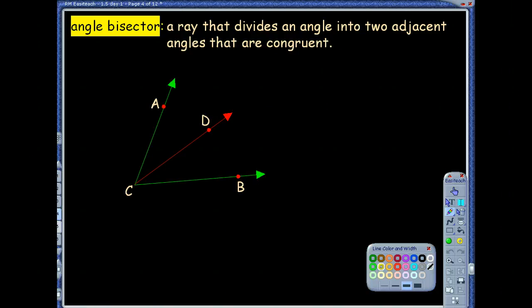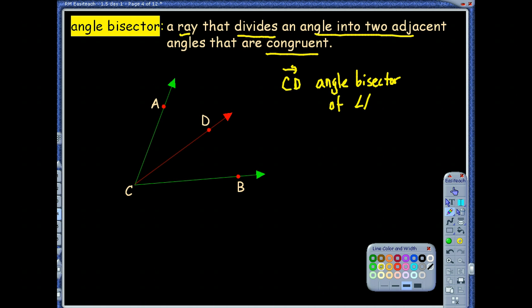Now, angle bisectors. A ray that's dividing an angle into 2 adjacent angles that are congruent is what we would call an angle bisector. So again, it's bisecting an angle. It's forming 2 congruent angles. So in this picture, if I said ray CD was the angle bisector of angle ACB, what would that mean then?